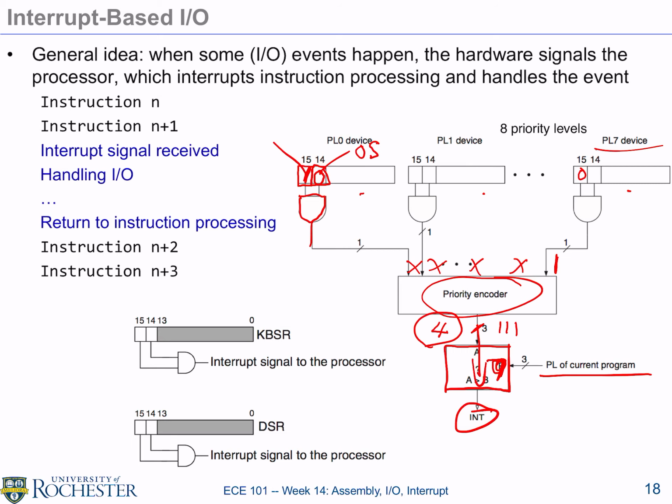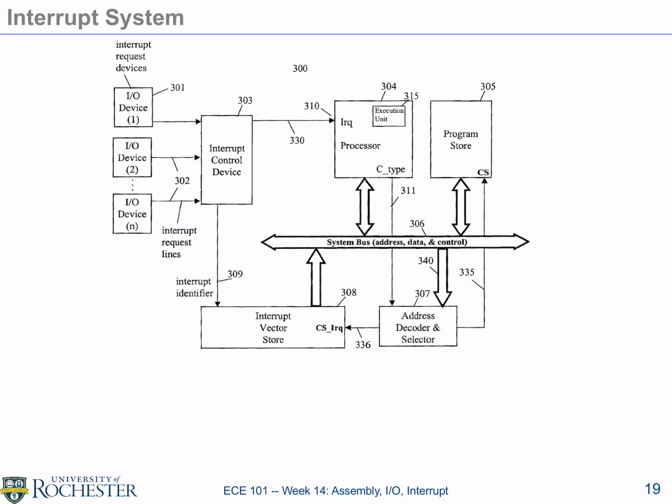So this is obviously a simplified version. Here's kind of an early stage design. It's a patent from, I think, Intel. So you have your execution unit, the processor. What happens is there is a complete chip doing that interrupt control.